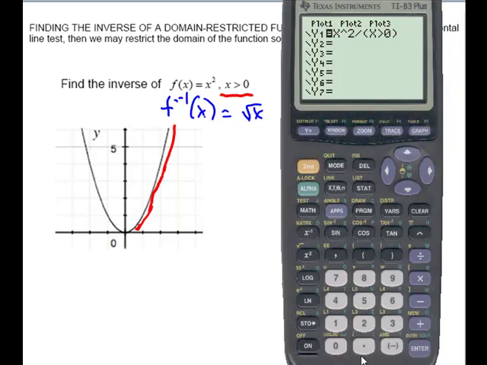Now I'm going to go back in there, and I'll go down to my next one, and I'm going to graph square root of x. And I took care of the y greater than 0 just by choosing the positive one. And we'll graph that.